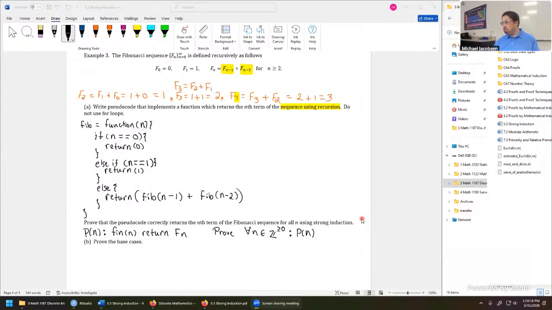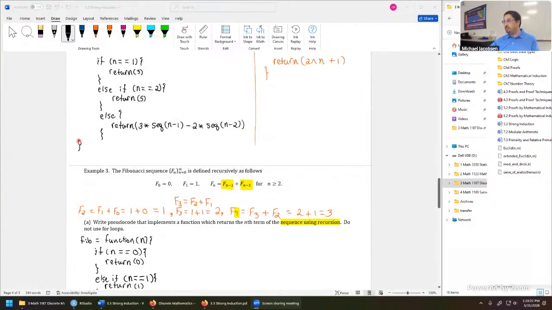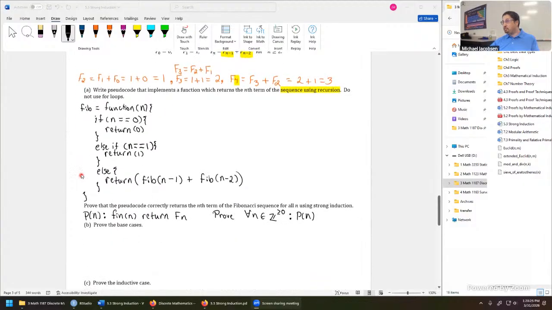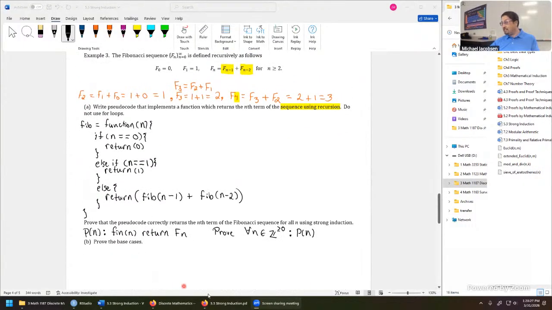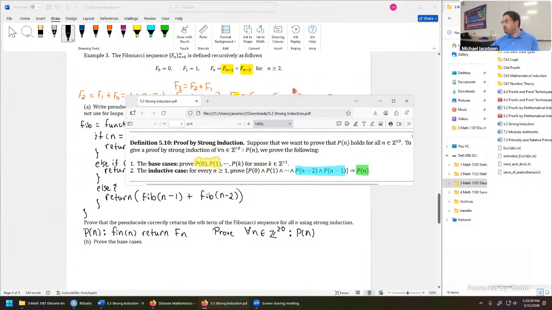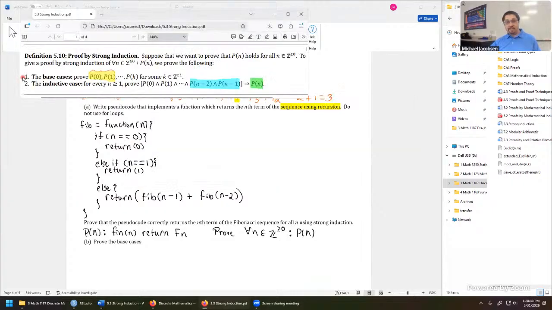Okay, although it's the most inefficient pseudocode we've written down probably so far in the course, not too different than this really, we can still prove that it's going to run as intended. So here, we're now looking into the review of the strong induction technique. Strong induction requires that we prove the base cases. Here, just like the other problems in the notes, we really just need to prove two.